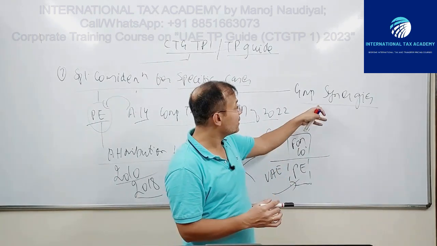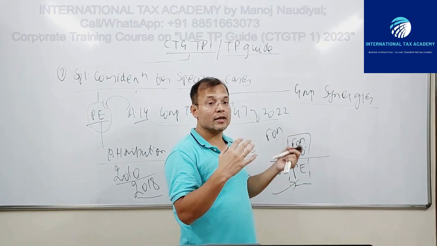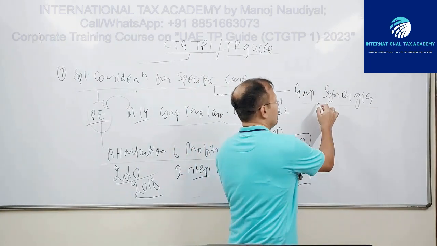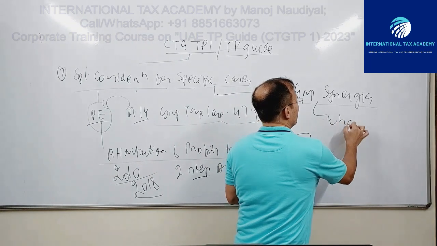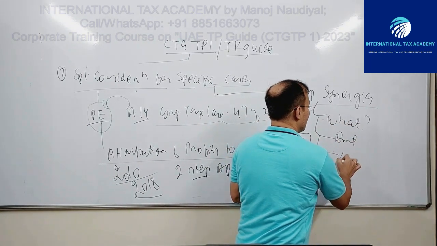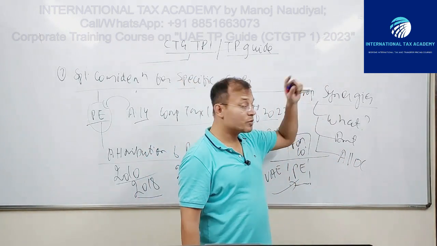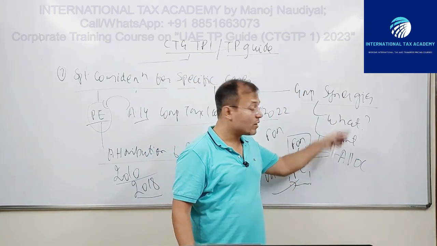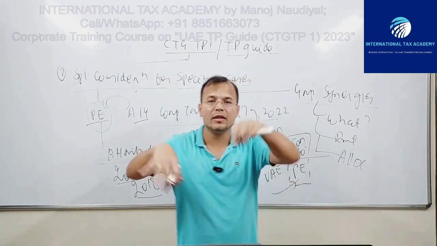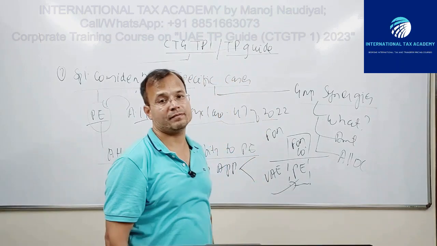Group synergies are those benefits which are achieved by the MNEs. So what is group synergy: its nature, its amount, and how do you allocate it between the MNEs, the entities which create the group synergy benefit?